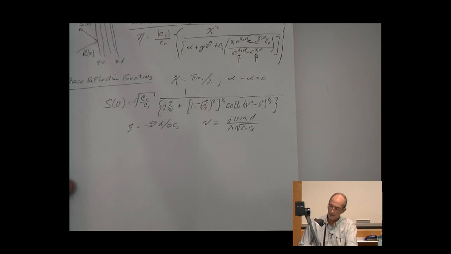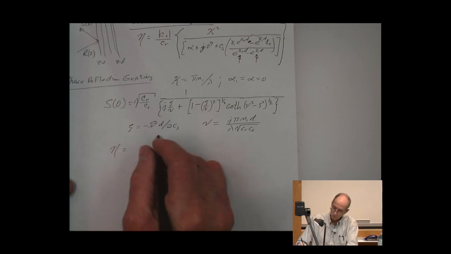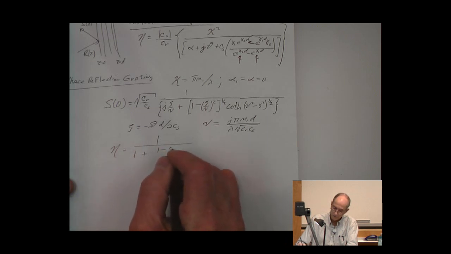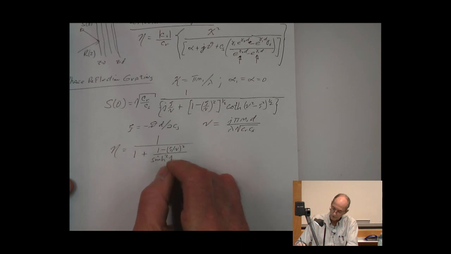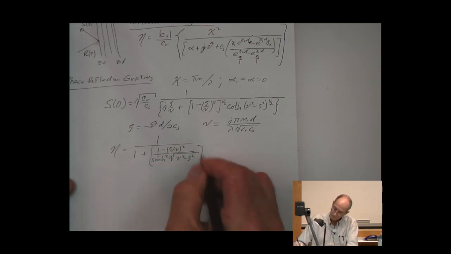For the diffraction efficiency, we take S times S star, multiply it by c sub s over c sub r, and we end up with eta equal to 1 over 1 plus the quantity 1 minus psi over nu squared, over the hyperbolic sinh squared of the square root of nu squared minus psi squared, and all of that is in the denominator.